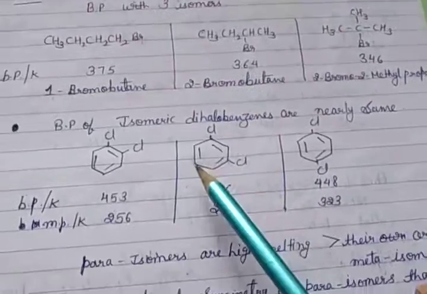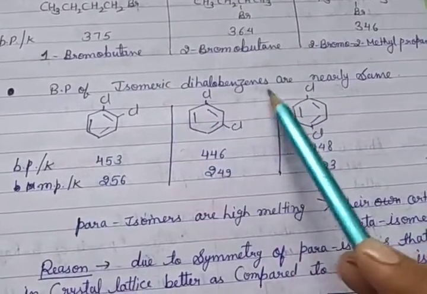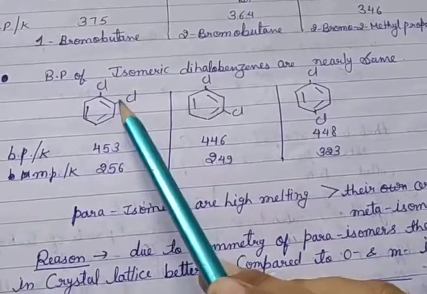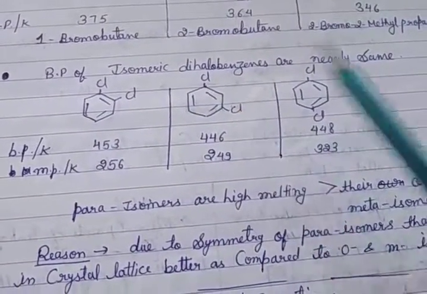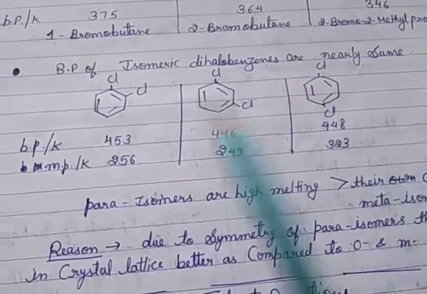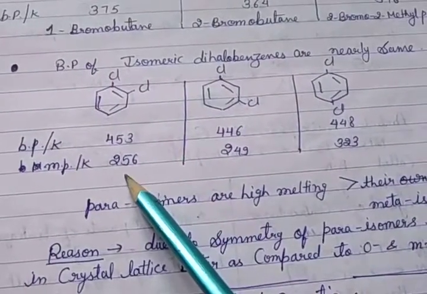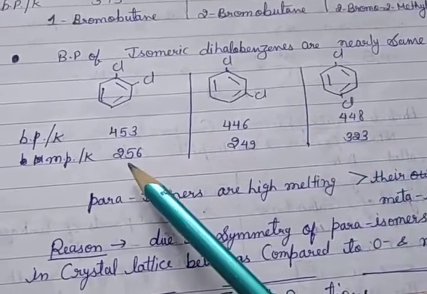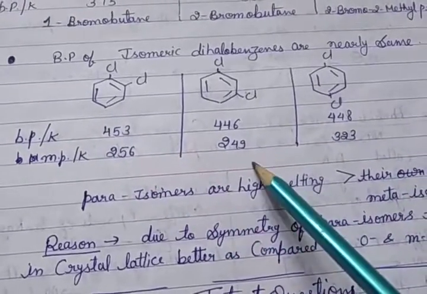The boiling points of isomeric dihalogen compounds are nearly the same. Here you see ortho-dichlorobenzene, meta-dichlorobenzene and para-dichlorobenzene. The boiling points are 453, 446 and 448, and the melting points are 256, 249 and 320.